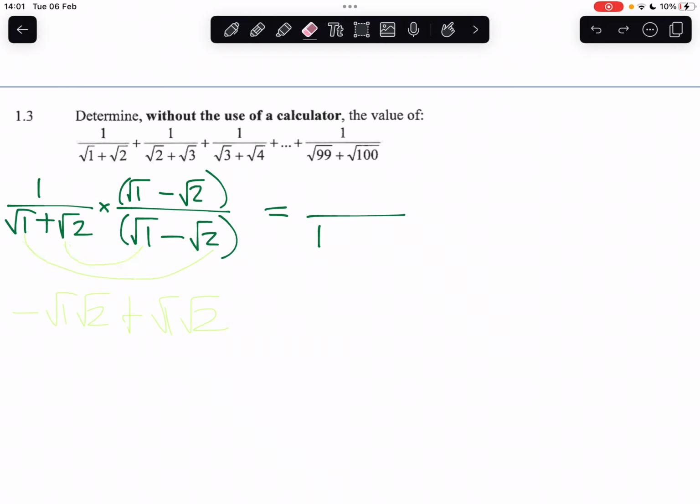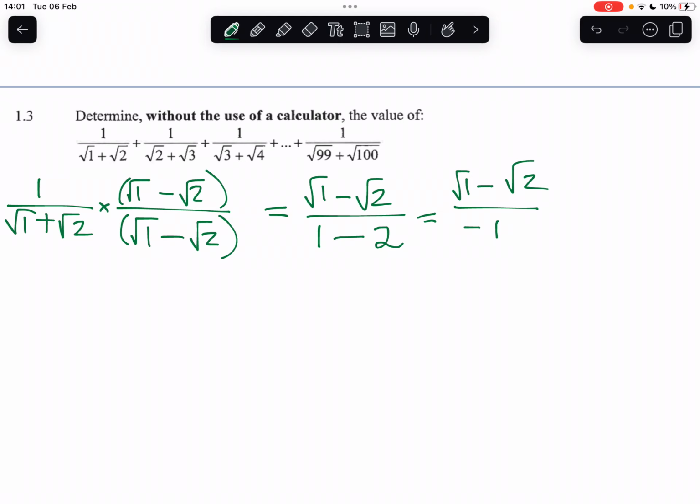So what we're left with is root 2 times negative root 2, which gives us negative 2. And at the top, we have root 1 minus root 2, and at the bottom, we've got a negative 1.